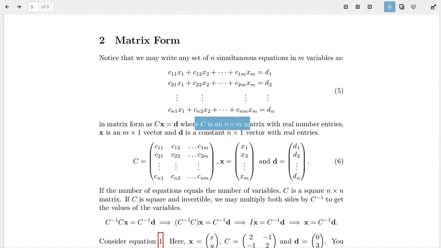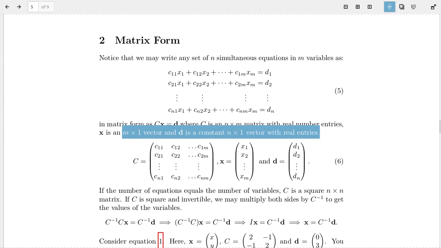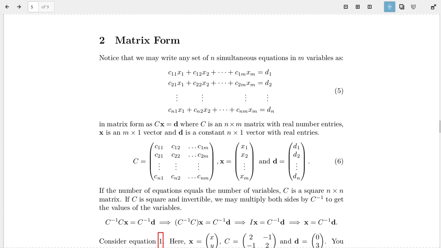Of course, in this course everything is going to be real numbers. I'm not going to burden you with complex numbers. You can extend whatever theories you've learned in this course to complex numbers later on. X is an m by 1 vector, and D is a constant n by 1 vector with real entries.